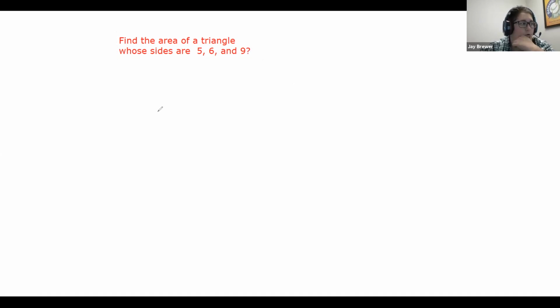We're going to use our formula. So first thing we have to find is S. S equals 1/2 the summation of A plus B plus C.